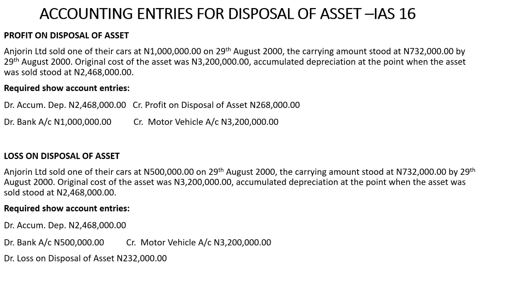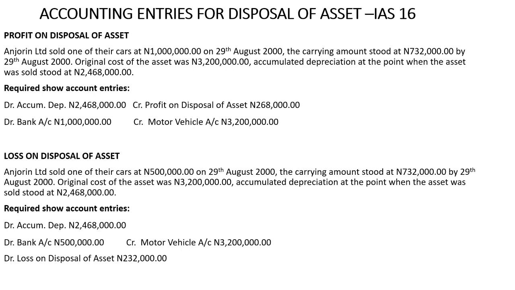Anjorin Limited sold one of their cars to a customer at 1 million naira on the 29th of August 2000. The carrying amount stood at 732,000 naira by 29th of August 2000. Now, let us be very, very mindful of the date.